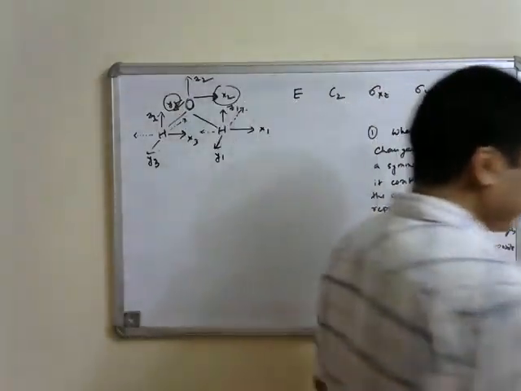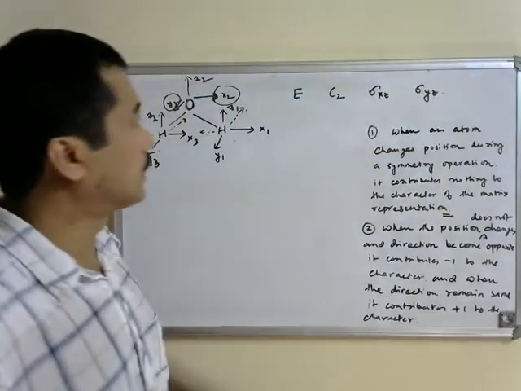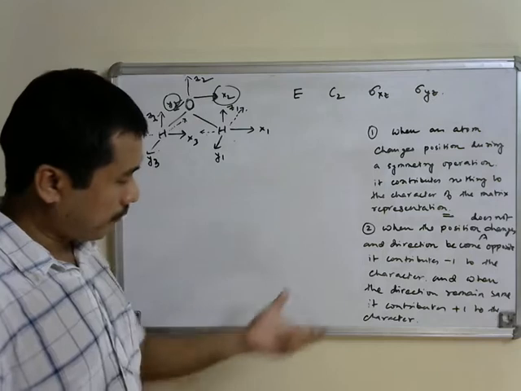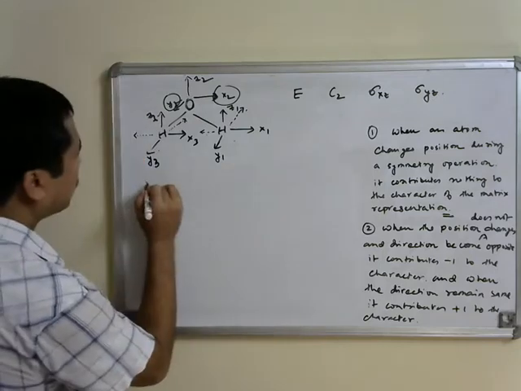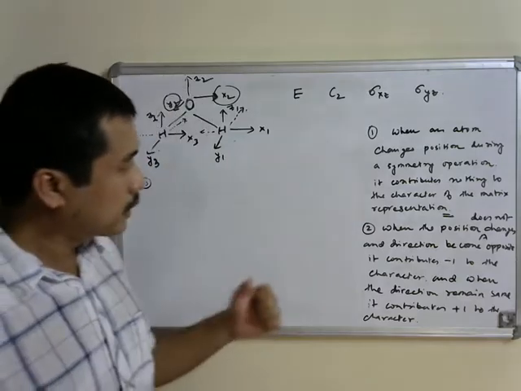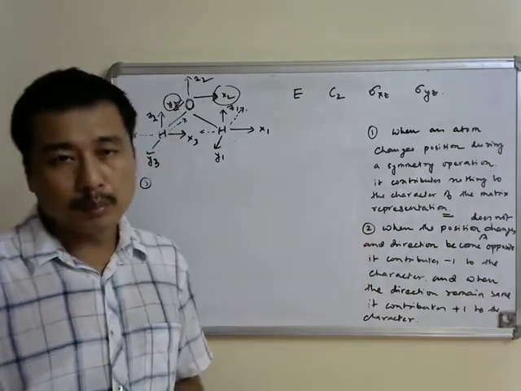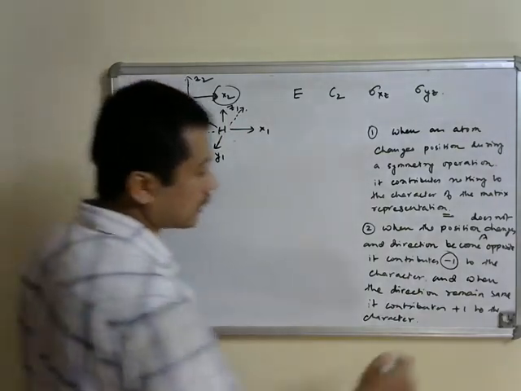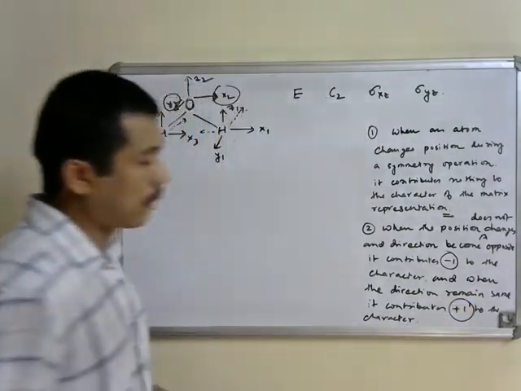So the same exercise we can do for sigma xz as well now. One more rule that we should learn here is that when the direction becomes completely opposite, it contributes minus 1, and when the direction remains same, it contributes plus 1.